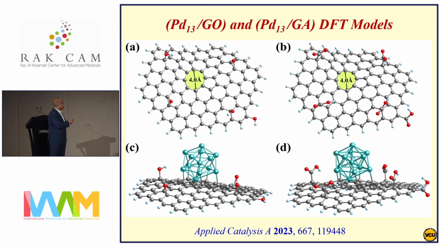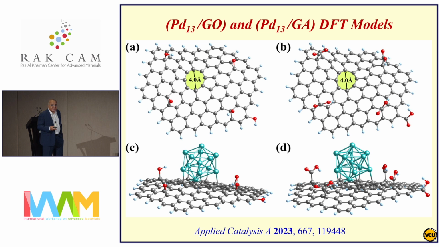We have a model here with the graphene oxide sheet with a defect of about 4 angstrom, and this contains OH groups and the epoxy group. On the other hand, we have a model for the graphene acid where we have the same vacancy or defect, but with carboxylic groups instead of OH groups.